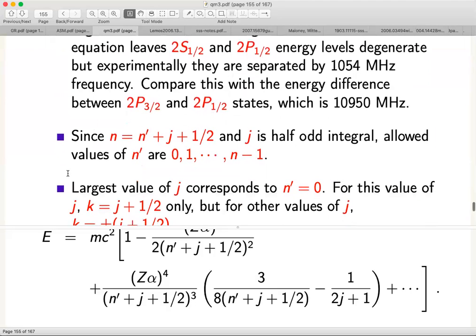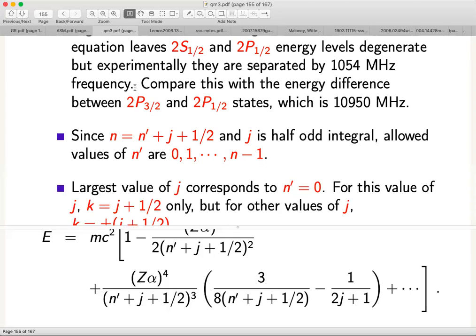Okay, so another thing is that we wrote down the principal quantum number to be n prime plus j plus half. And j is of course half odd integral. That means it can take the values half, 3 half, 5 half. So n starts off with 1, remember the principal quantum number is 1, 2, 3, and so on.